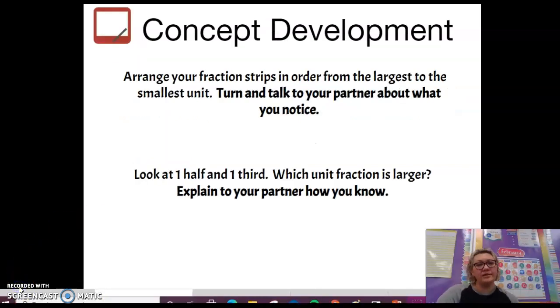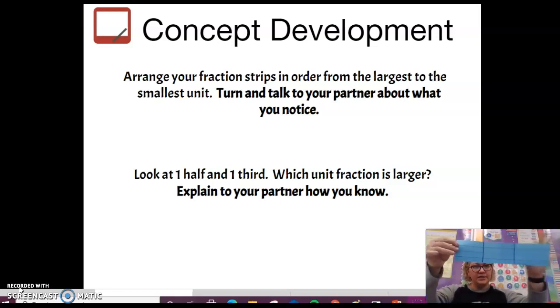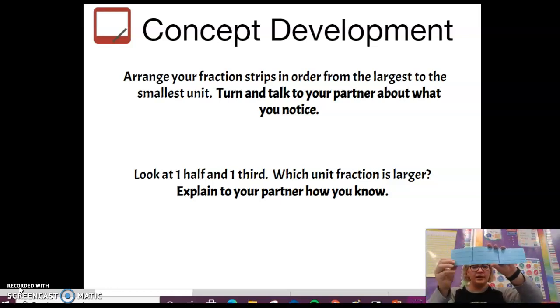So now we're going to talk about the strips that we have cut, or that we have folded into pieces. So here is a piece that's cut into thirds. So I have a whole piece, and this is each cut into thirds. And now I have a whole piece that's cut into halves.